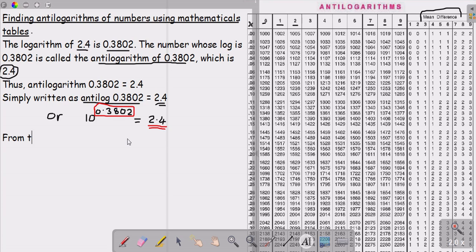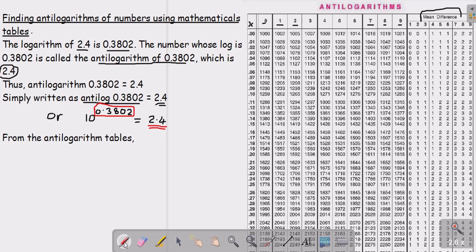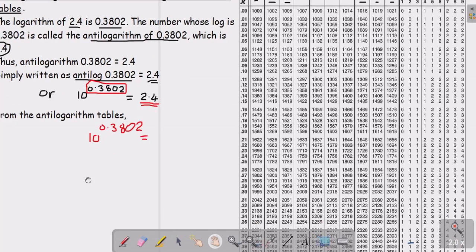So let me show you now how to check that answer from the antilogarithm tables. Remember, we want to get the antilog of 0.3802.